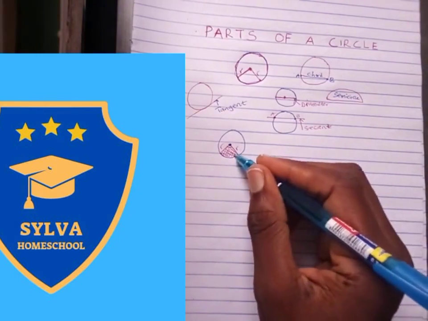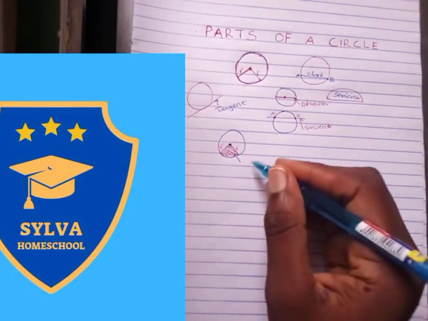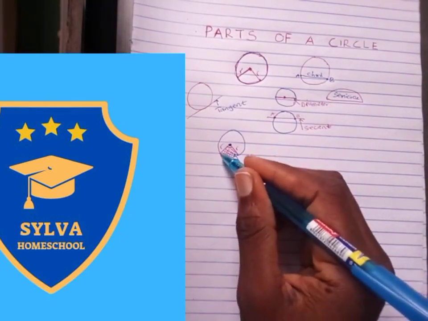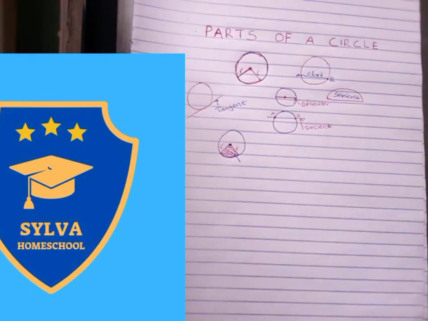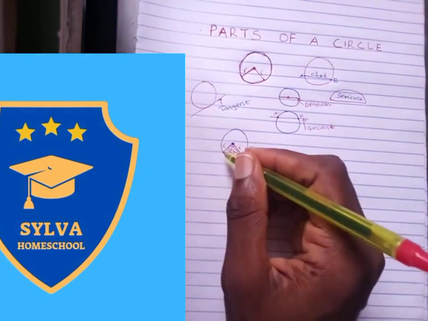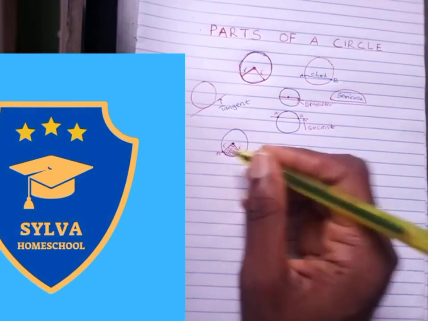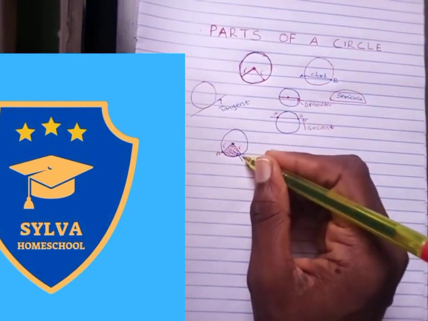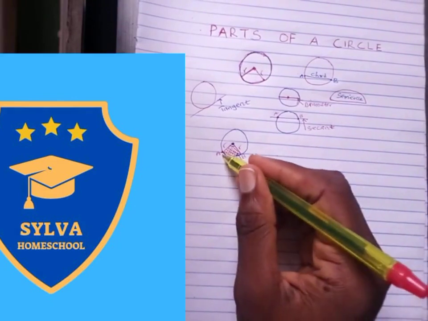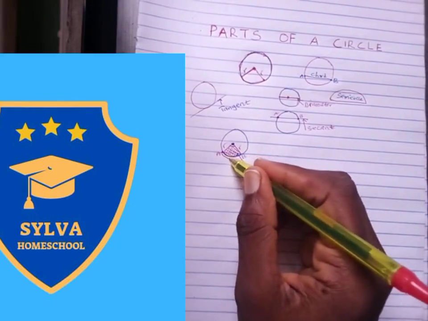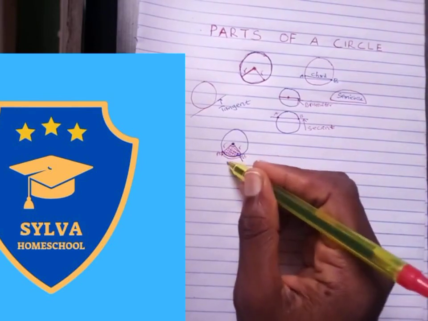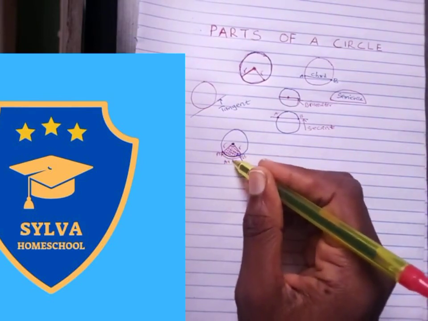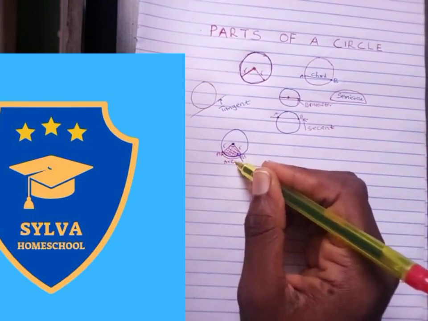So the part of a circle that is bounded by an arc. Now there is an arc here. Let's take here to be point A and here is point B. Now from point A to point B is what we call the arc of the circle.